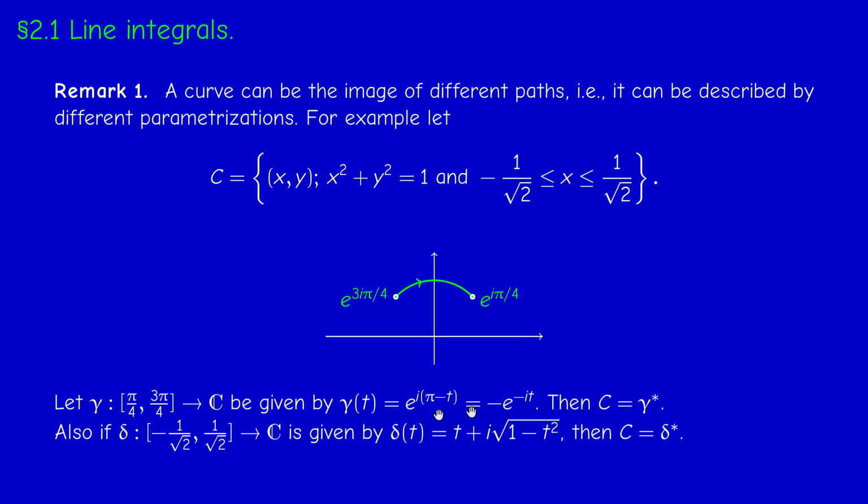If I had taken e^{it}, I would have the opposite orientation. So the parameterization of an oriented curve is not unique. We usually choose the one which is more convenient depending on the context.